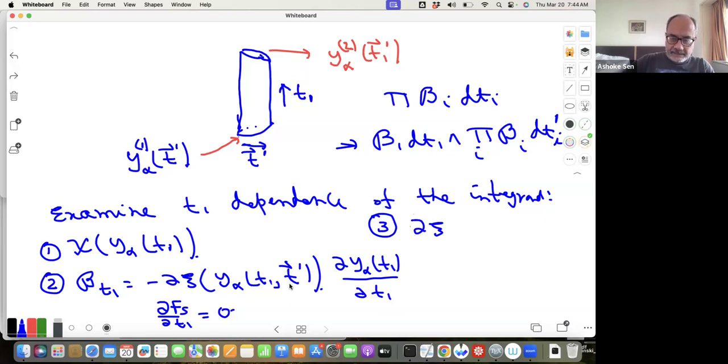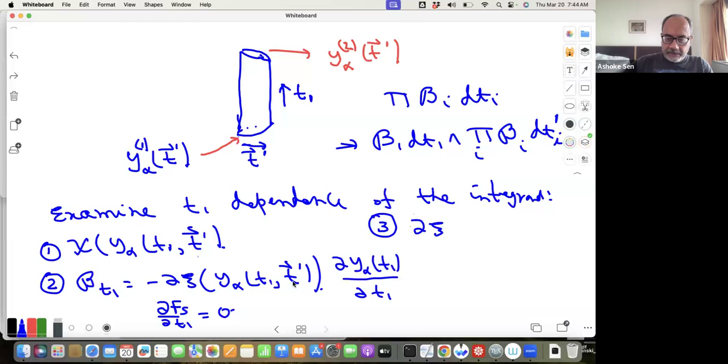Oh, the argument, sorry, this is T prime. T prime is implicit maybe. T1 comma T prime. Yes, so I made it explicit now.